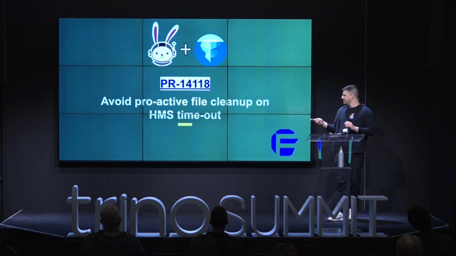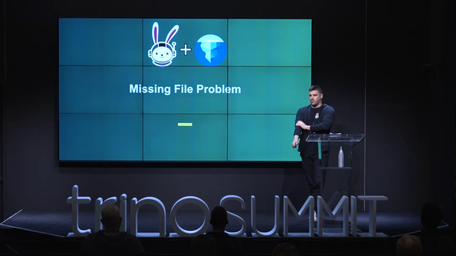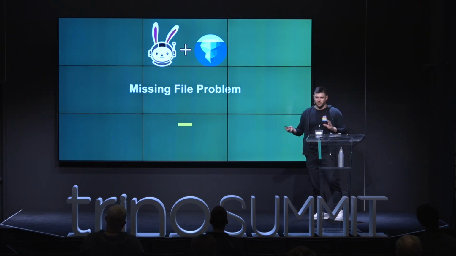Now, like I said, missing file problems are very common when you're working with Iceberg. So we actually had this other hacky system in place. I'm just gonna quickly go over the architecture because if you do dip your toes in Iceberg, you will probably run into it.